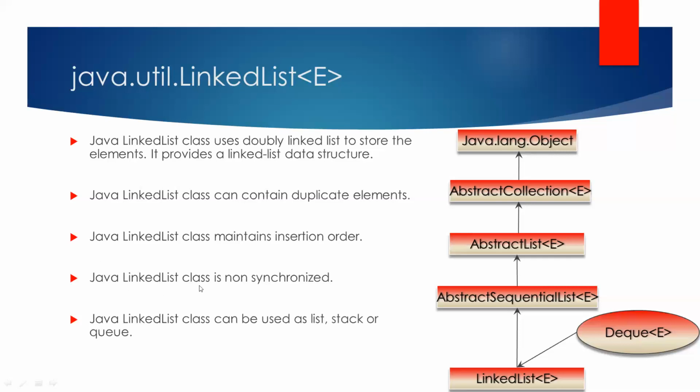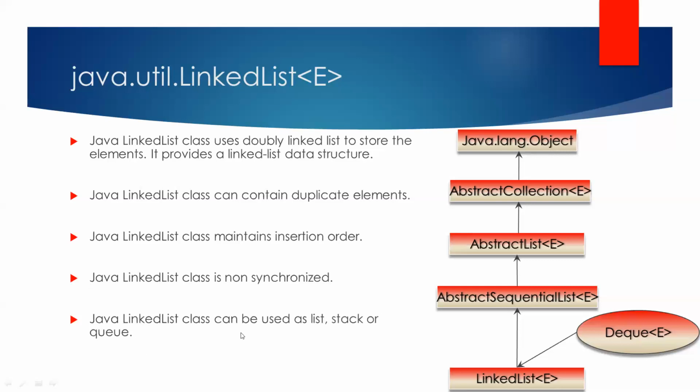Java linked list class is non-synchronized. So whenever you want to write the value that is inside this object onto the file, first of all you need to create the synchronization things.